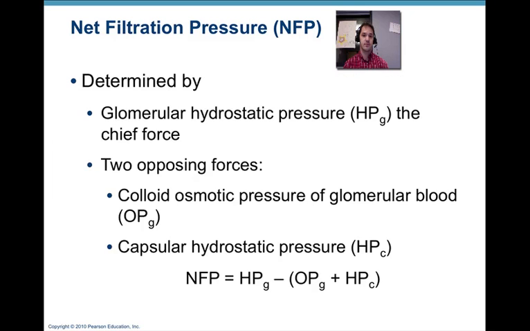So it's determined, we've done this math before, it's determined by the hydrostatic pressure in the glomerulus, and then two forces that oppose that.